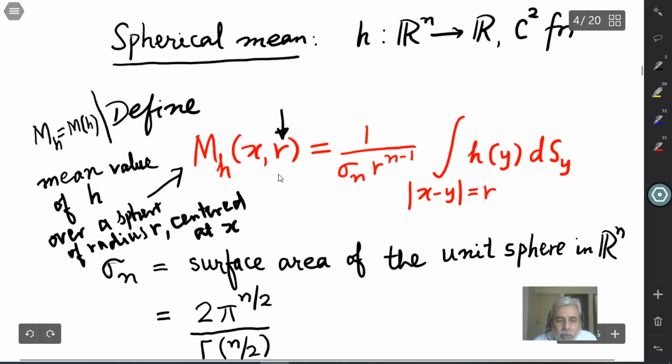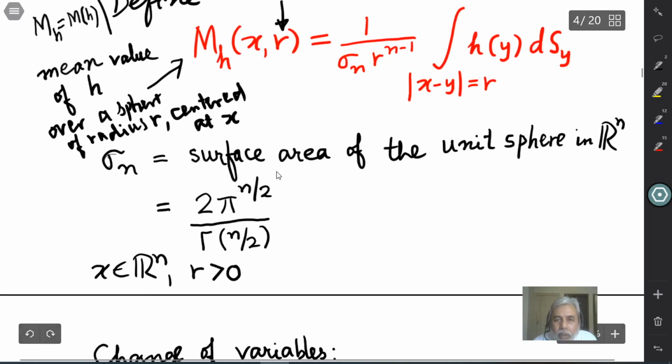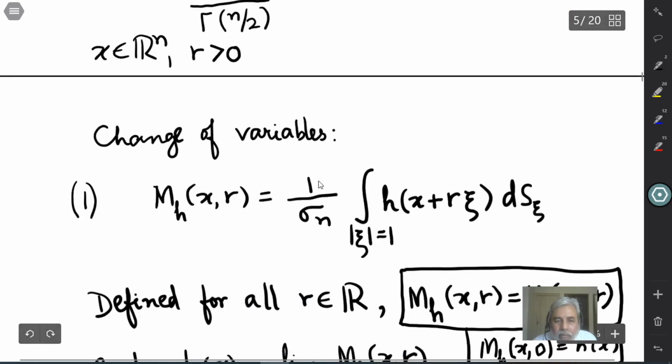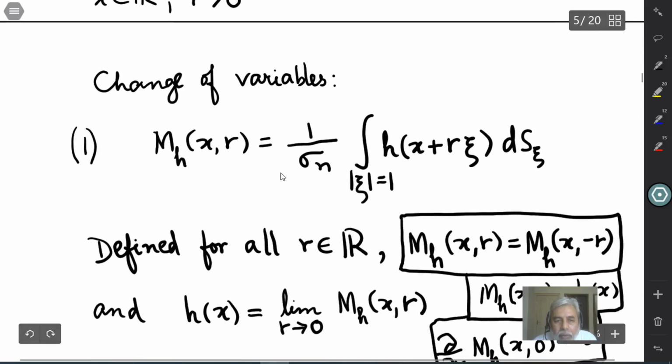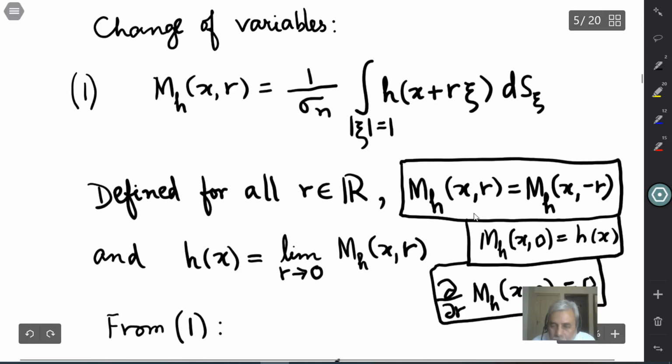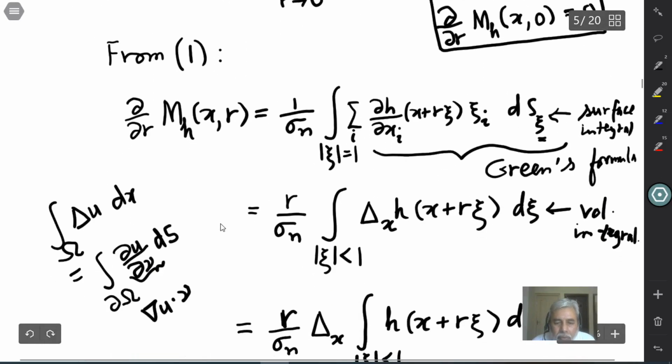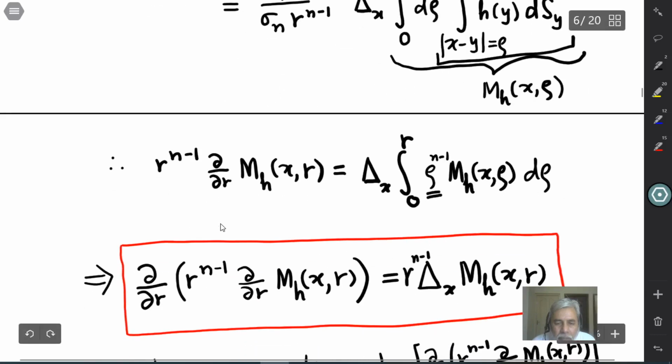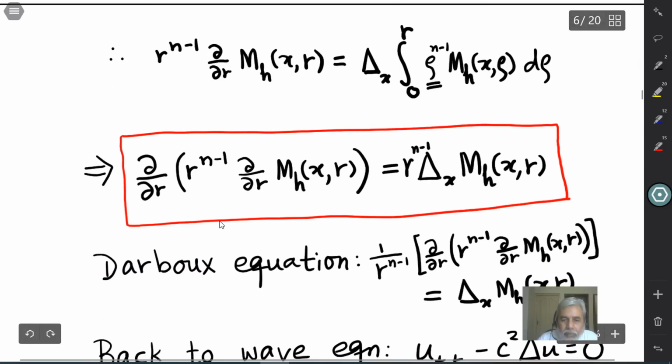And then by change of variable we rewrote the spherical mean function, and some important properties we discussed. The important property is this Darboux equation that connects the Laplacian of the spherical mean function with a second order derivative of the same mean value function with respect to the extra variable r.